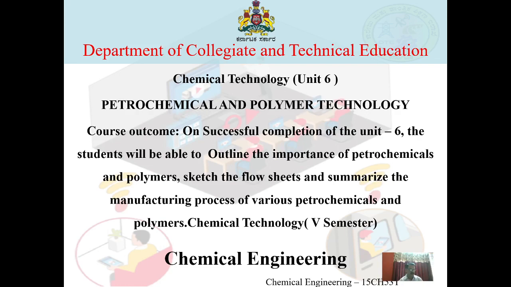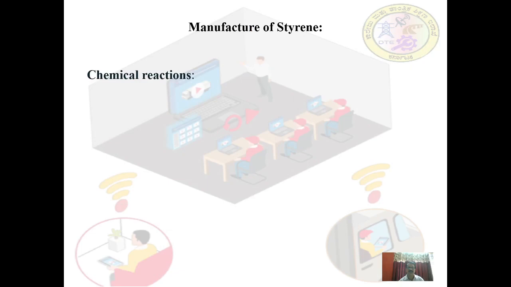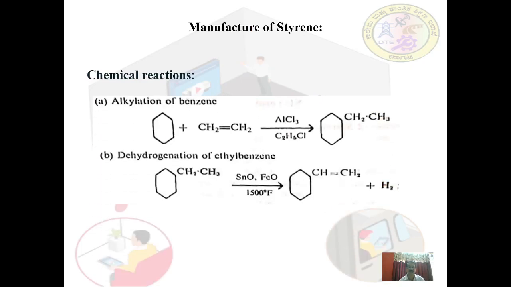Today in this session, we are going to discuss the manufacture of styrene. The chemical reaction begins with alkylation of benzene.